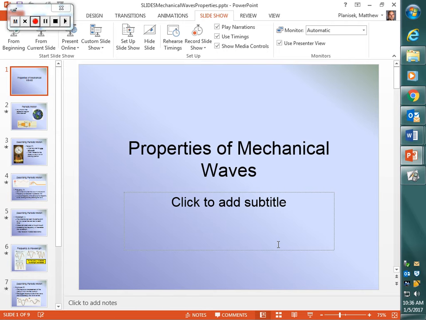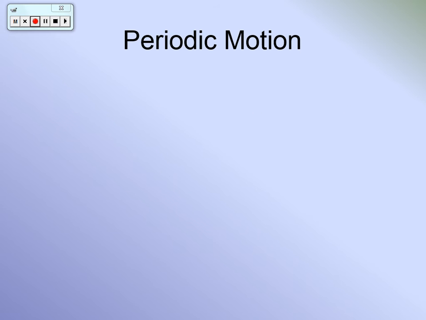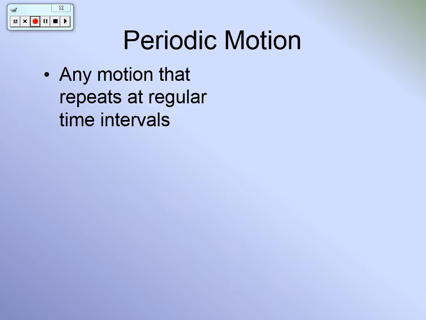But we'll see that a lot of times the terms that we use here to describe these waves are related to some other motion, called periodic motion. If we talk about periodic motion, we describe something that happens at regular intervals, things that keep happening over and over and over again.